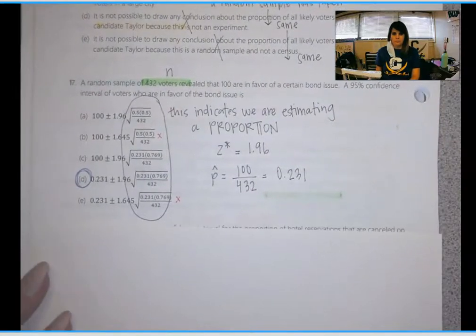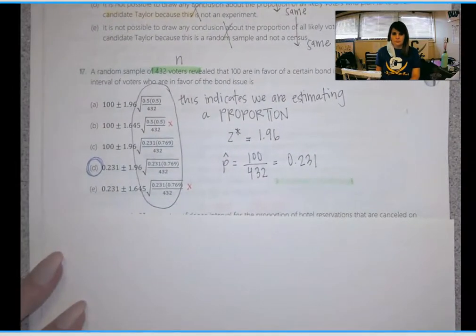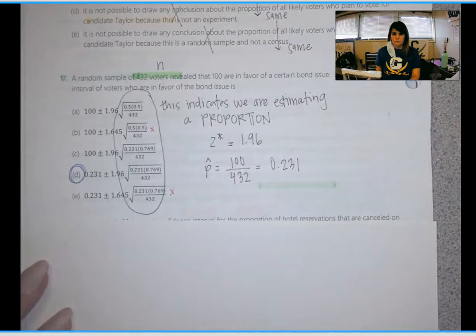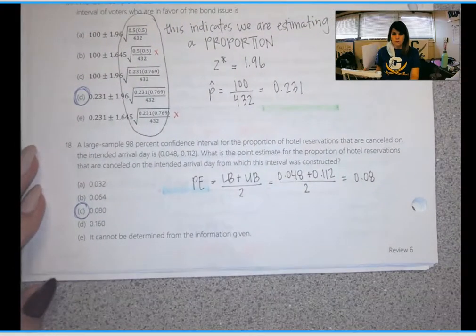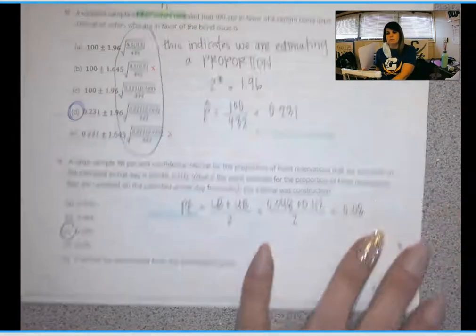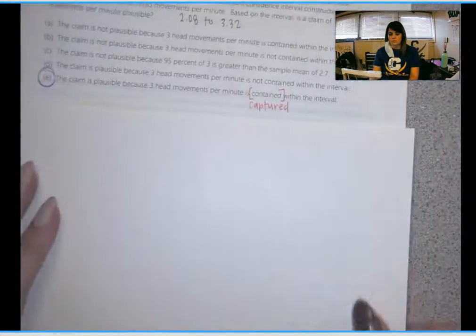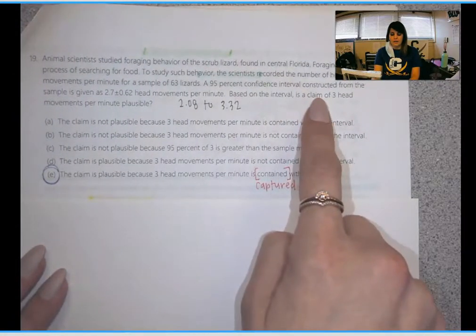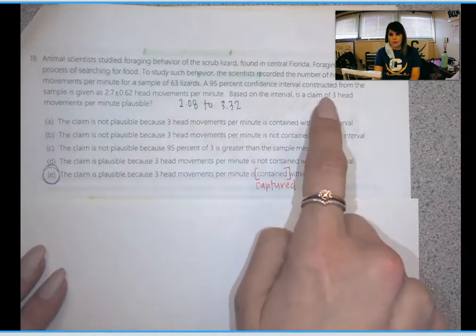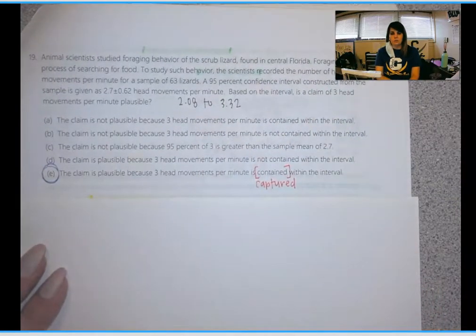17. 18. 19. Usually when they're asking if a claim is plausible, all you're looking for is 3 in the interval.